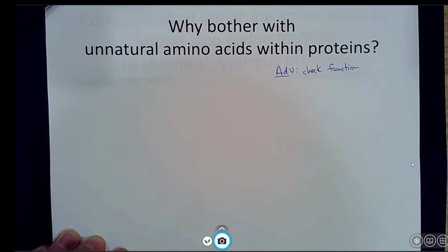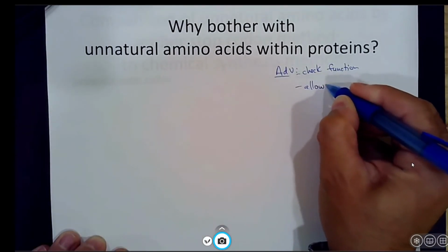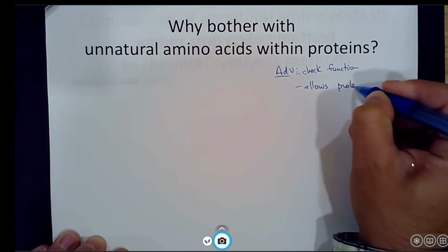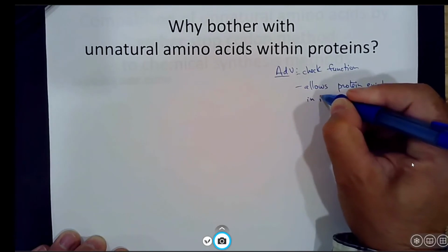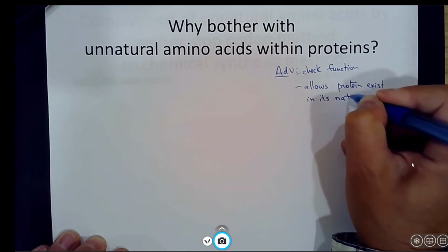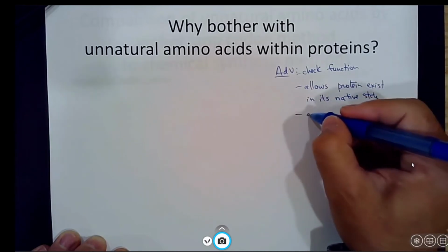And sometimes it's not going to fold the right way, and then you might have a protein that doesn't function properly. So the advantage is you can track function, but it allows the protein to exist in its native state. And it allows for long proteins to be made as well.